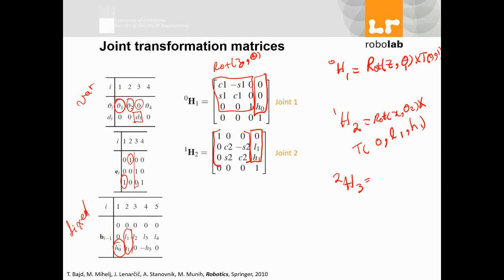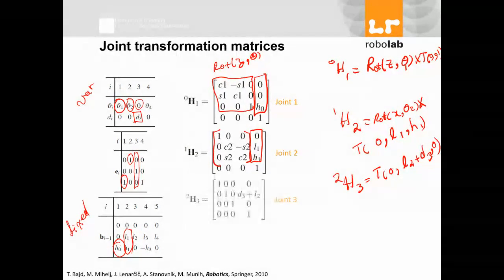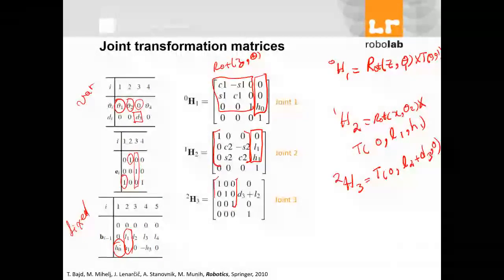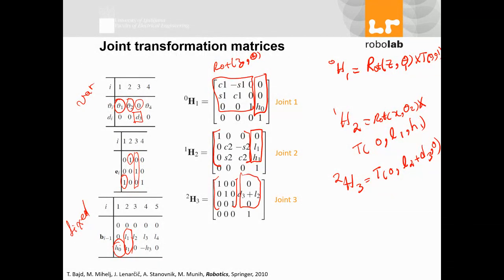And this is alongside the y-axis, and also I have fixed L. So my matrix will be only translation of 0 and L2 plus D3 or minus D3, depending on how you define it. See, no rotation, and your translation is like that.